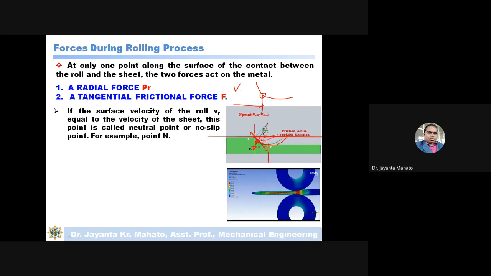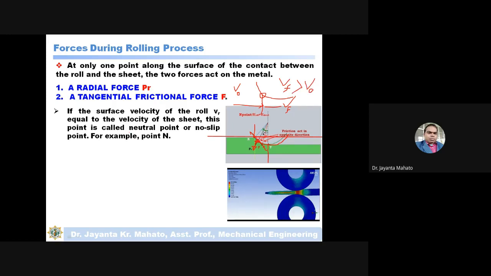Suppose the velocity of the sheet metal before the neutral point is v naught, and after the neutral point the velocity is vf. So after the neutral point, the velocity vf will always be more compared to v naught.